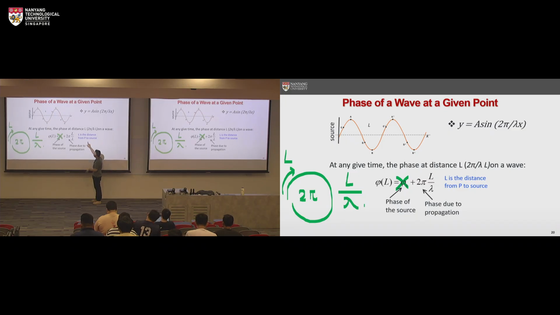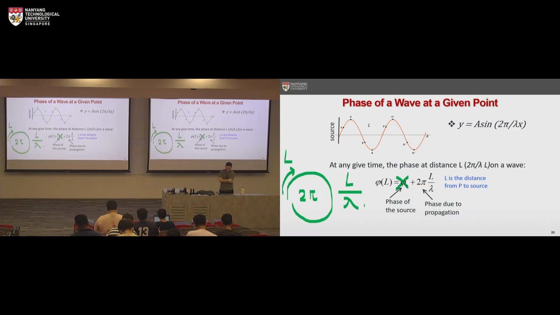So it's actually the actual distance that you have been traveling. L over lambda is a fraction. Your fraction times 2 pi is defined as the phase. So if you want to calculate the phase, this is how you should write it: 2 pi L over lambda.